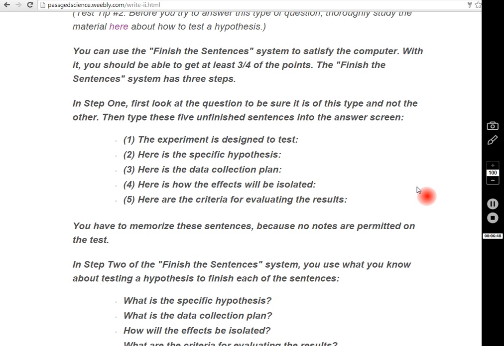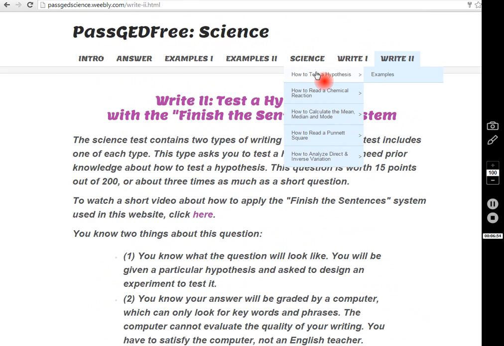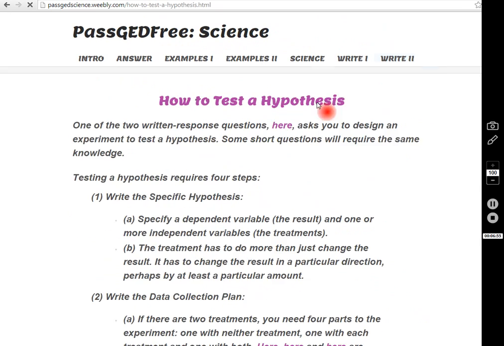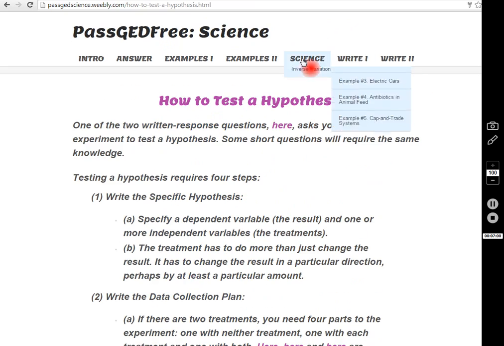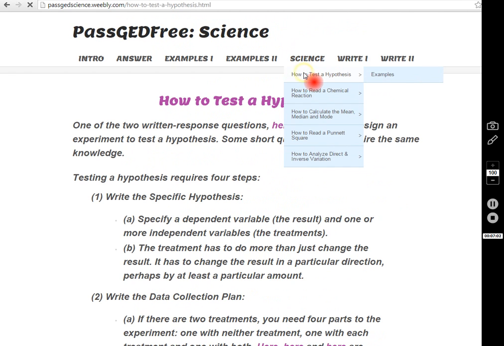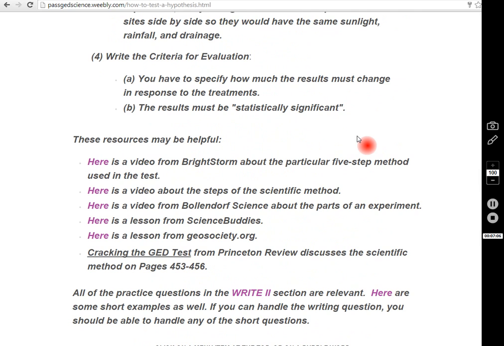That's what the question will ask. Now, in the science section of this same website, there is a page with lessons and information about how to do that, to help you answer this question.